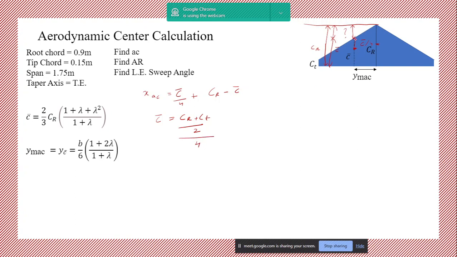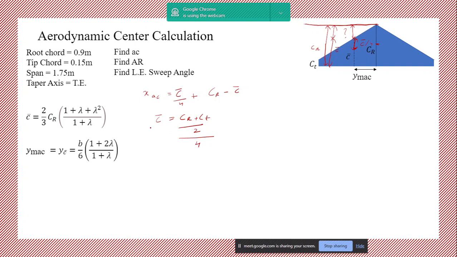So won't that just be this length? But we need the length from the leading edge of the root, right? Yes. This will give you. Okay, so XAC is from the leading edge of the root. That is how we define our XAC. I think you're right about this.